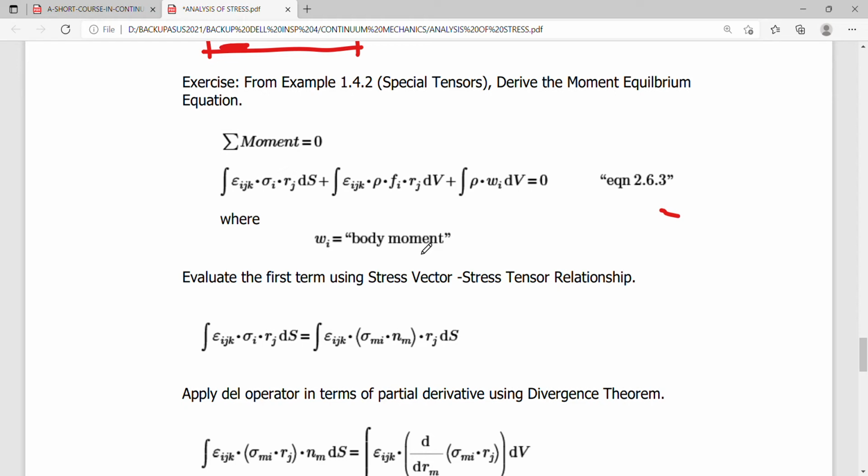example I gave you about special tensors, wherein the moment of a force about a point in three-dimensional space was derived considering a special tensor known as the permutation tensor. So this is the epsilon ijk tensor.